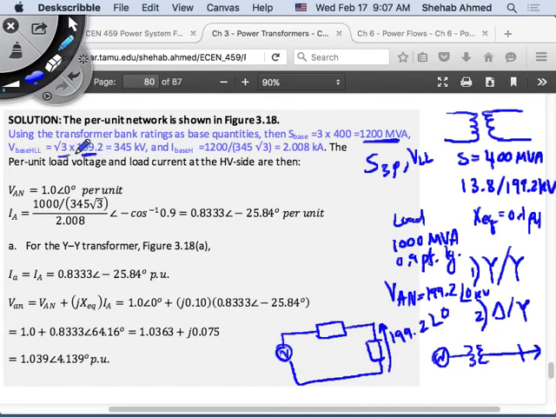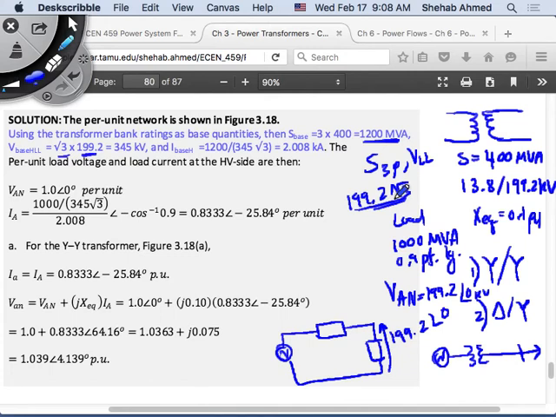So the line-to-line voltage base is going to be 199.2 multiplied by square root of 3. That is the line-to-line voltage of the transformer. They told us that the transformer phase voltage is 199.2, so its line voltage is 199.2 times square root of 3. They chose the transformer's terminal voltages as the base, so this is the base on the high voltage side.